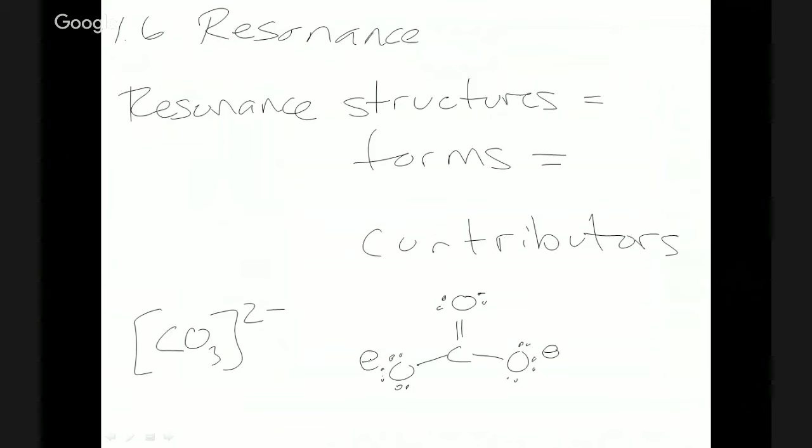Two oxygens have a formal charge, one oxygen is neutral. And that would be correct as a Lewis structure, but it would not exactly represent this carbonate. This is called a carbonate dianion. It would be a less than perfect representation.